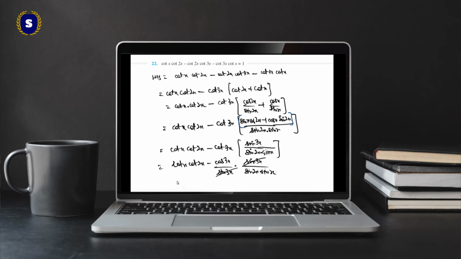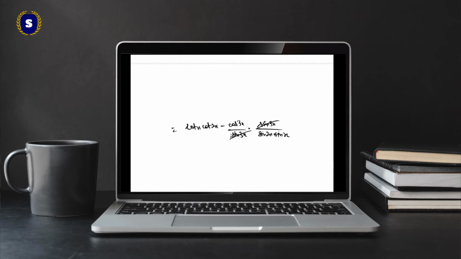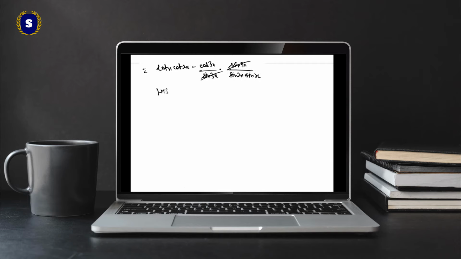So finally, let's take it on the next sheet. We'll get LHS as cot x cot 2x minus cos 3x upon sin 2x into sin x. Let's elaborate the first part now.